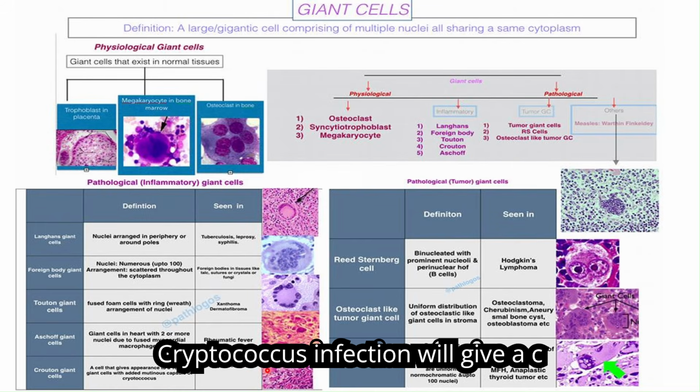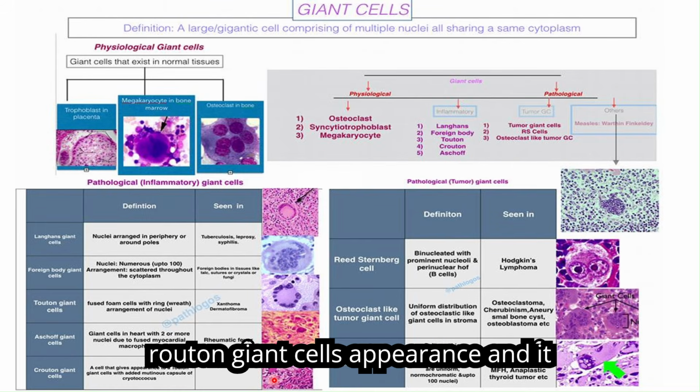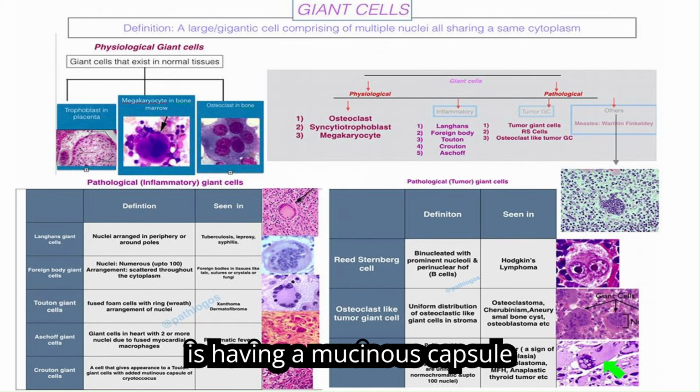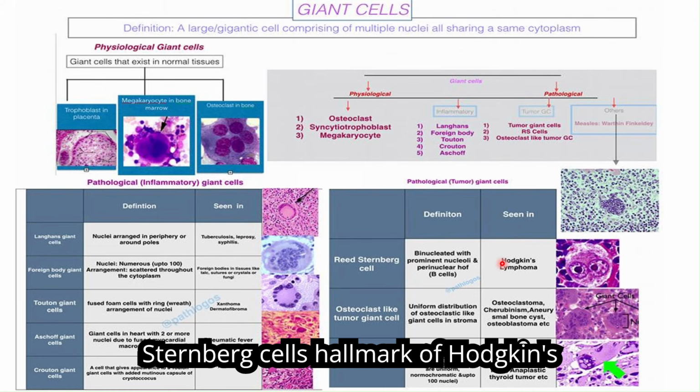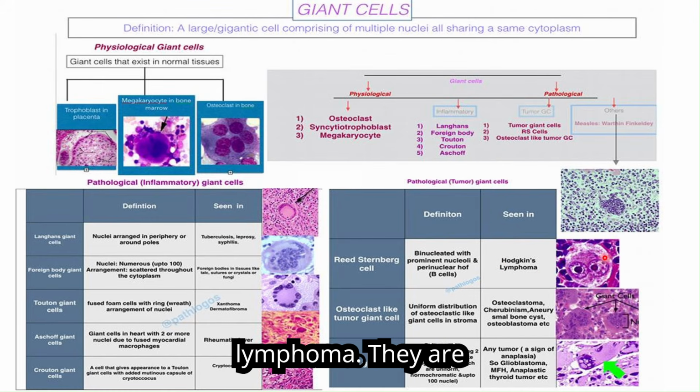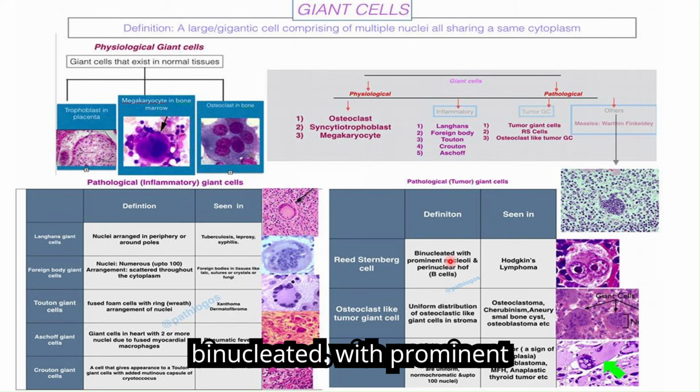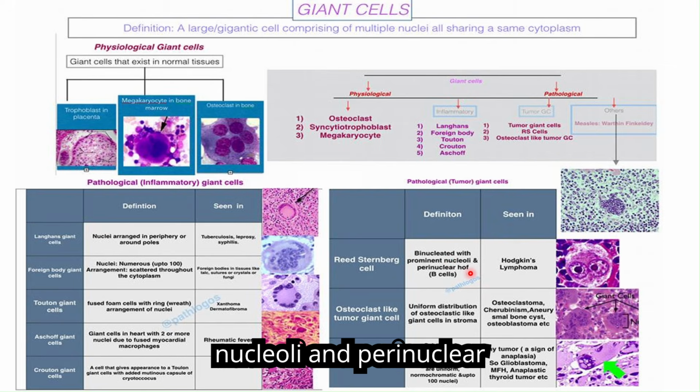Cryptococcus infection gives a giant cell appearance with a mucinous capsule surrounding the giant cells. Reed-Sternberg cells are the hallmark of Hodgkin's lymphoma. They are binucleated with prominent nucleoli and perinuclear halo.